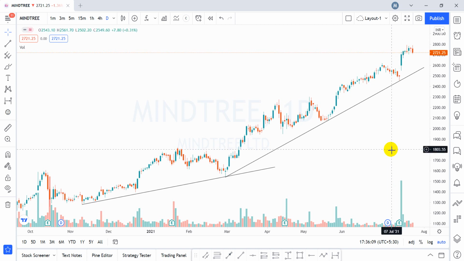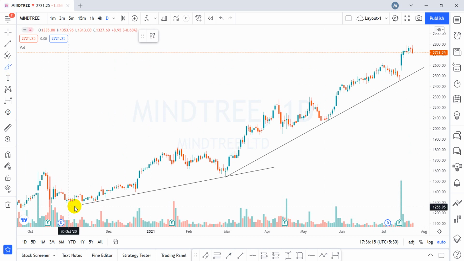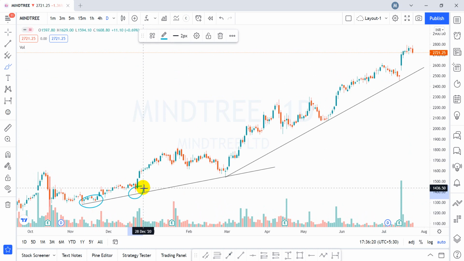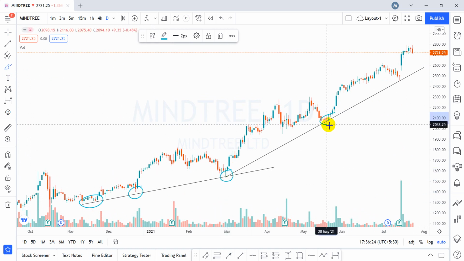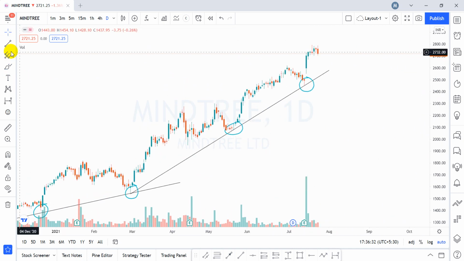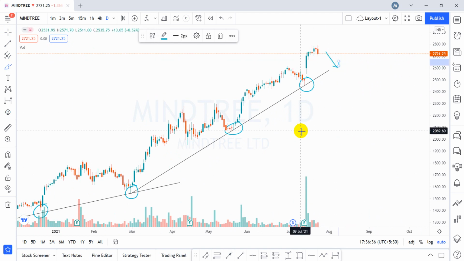Now, what are the good areas for me to take the entries? Of course, I will trade along the trend. So these are all good areas for me to take entries. When will I be taking my next entry? I'll be taking my next entry when the stock exhibits some sort of retracement towards this particular trend line.